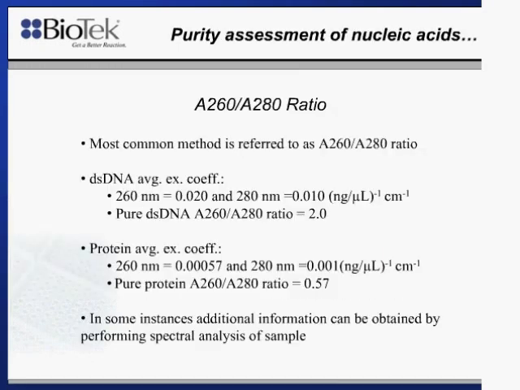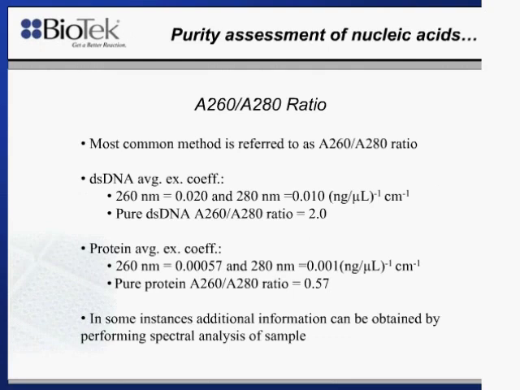Another aspect of quantification, as well as being able to determine the concentration, is the ability to know that what we're reading is truly absorbance from a purified sample. Most commonly, folks refer to this purity assessment as using an A260, A280 ratio.